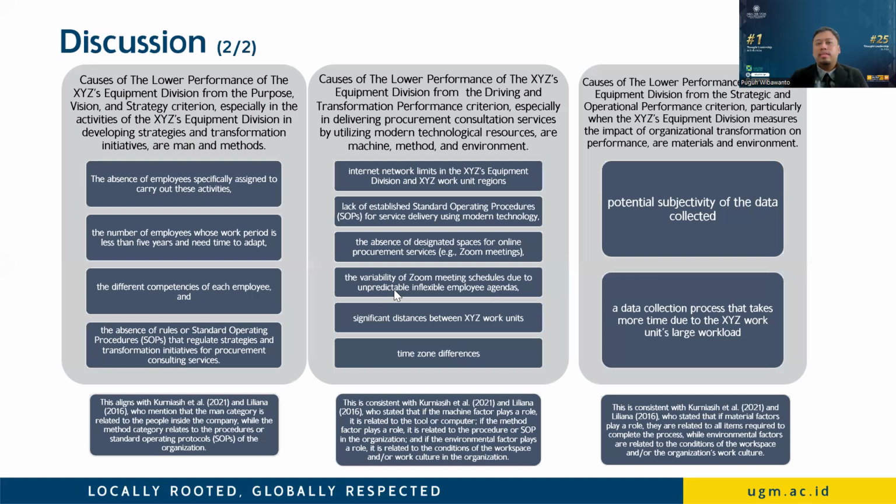Furthermore, from the FISHBONE data analysis, the causes of the lower performance of the XYZ equipment division for the three criteria include the absence of employees specifically assigned to do the job, the number of employees whose work period is less than 5 years and need time to adapt, internet network limits in the organization, significant distance between work units, and a data collection process that takes more time due to the work units' large workload.